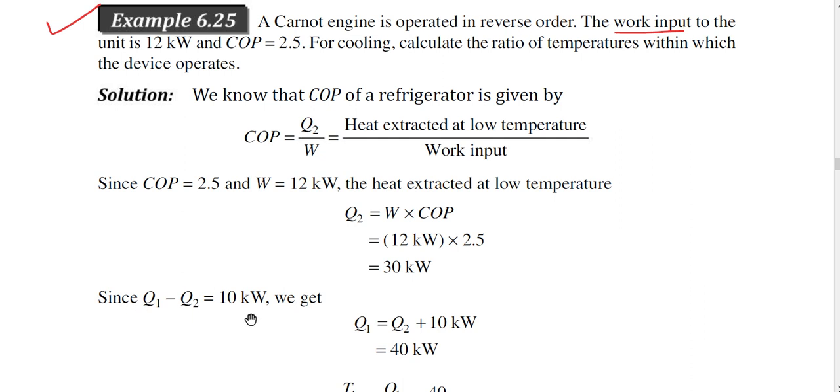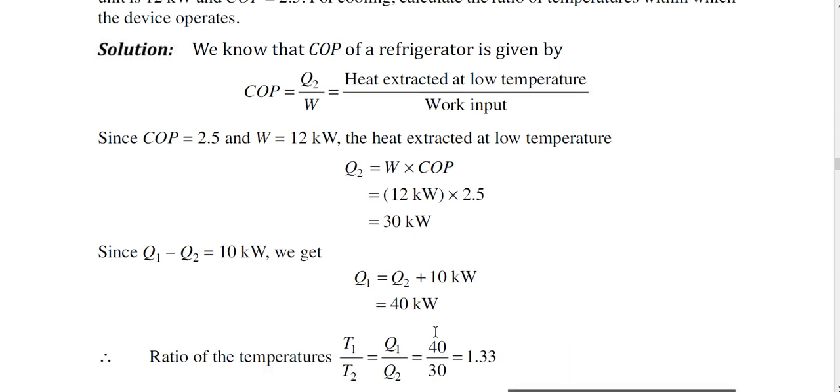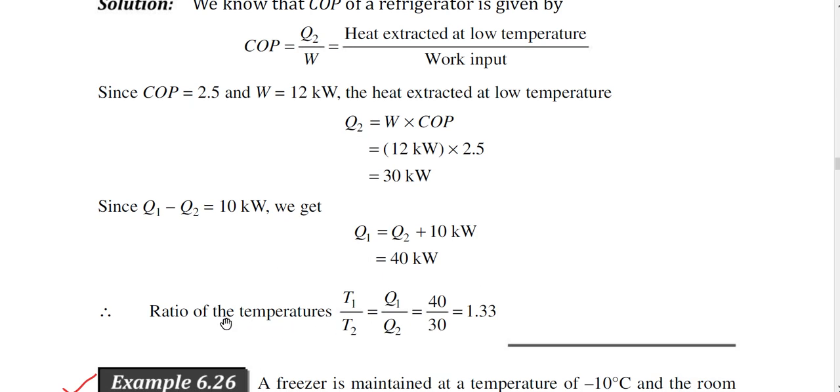So Q1 minus Q2 should be 12 kilowatt. You know the value of Q2, so then you can calculate Q1. Q1 will be Q2 plus 12. In this way you can calculate Q1. Now we know that T1 by T2 is equal to Q1 by Q2, so from the values of Q1 and Q2 we can calculate the ratio of the temperatures.